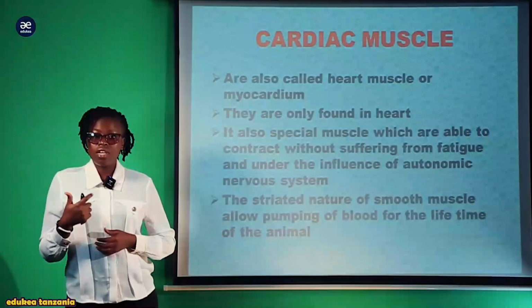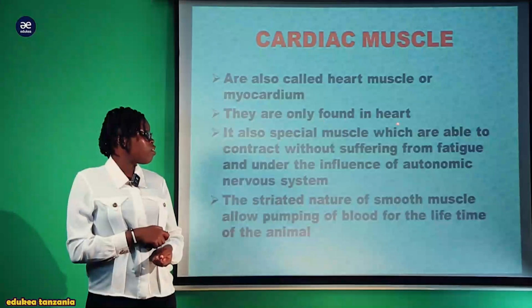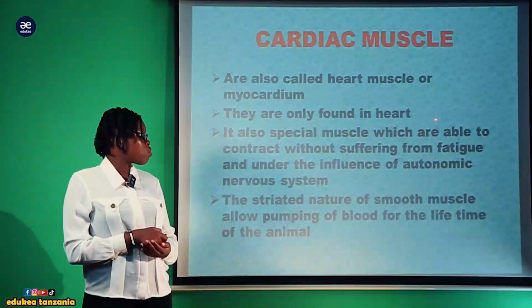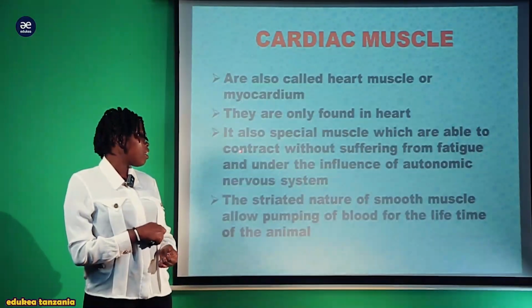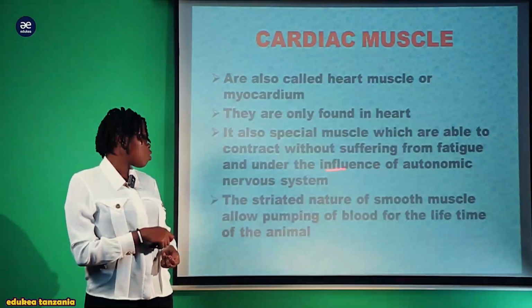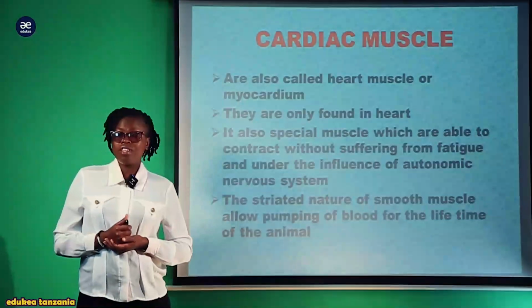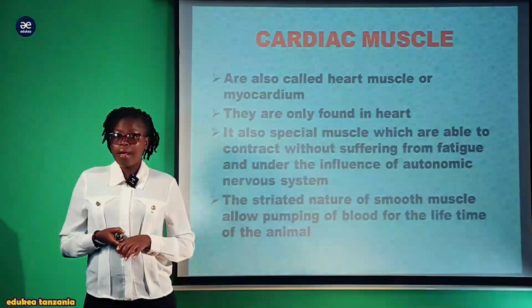Myocardium, these are the muscles which are found within the lining of the heart. So they are only found in the heart, and it's also a special muscle which is able to contract without suffering from fatigue under the influence of the autonomic nervous system. In our topic of coordination we saw that there are types of the peripheral nervous system.